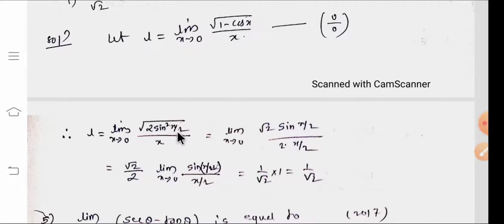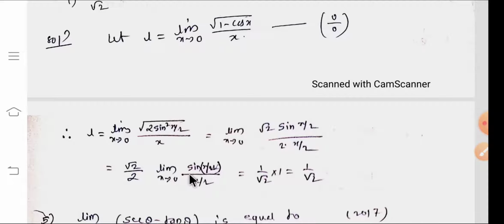Here in the numerator the variable in sin is x by 2, but in the denominator it is only x. So we have to multiply numerator and denominator by 2. That is, 2 into x by 2 gets cancelled, and the remaining term is the same. So this is root 2 by 2, a constant taken outside, limit of x tends to 0, sin(x by 2) upon (x by 2).